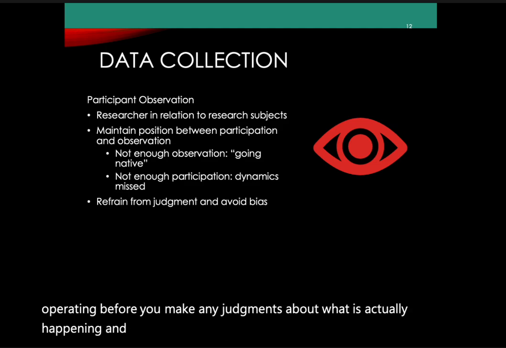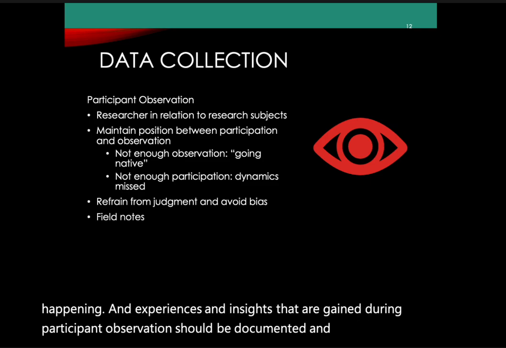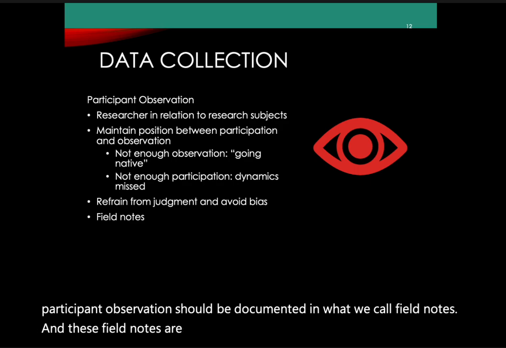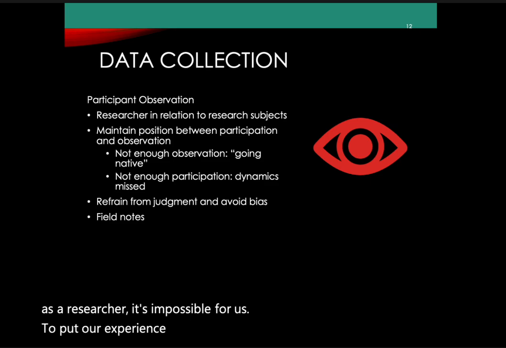And experiences and insights that are gained during participant observation should be documented in what we call field notes. And these field notes are descriptive and analytical notes at once. Because as a researcher, it's impossible for us to put our experience into language without sorting through a multitude of impressions first.